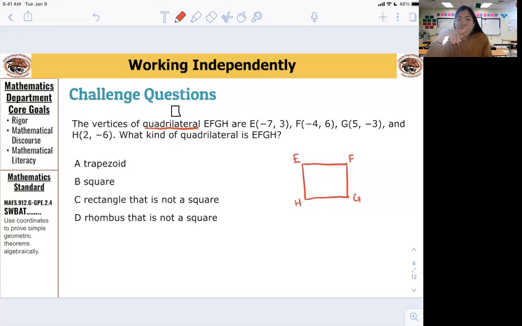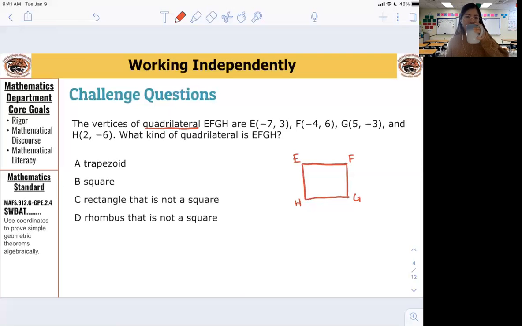So table that for later. So right now, only think about slope. Thinking about slope, what could I compare and possibly see in order to eliminate some answer choices? Coordinate points. Yes, we have coordinate points.